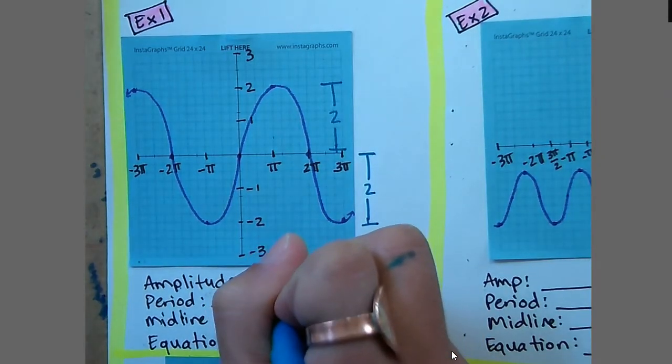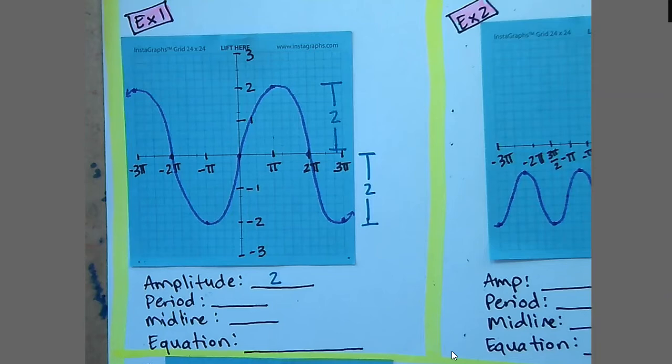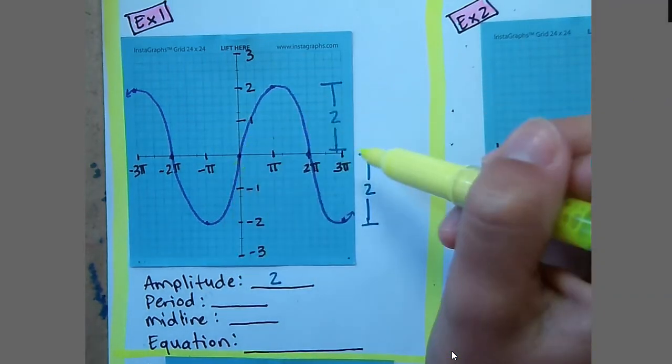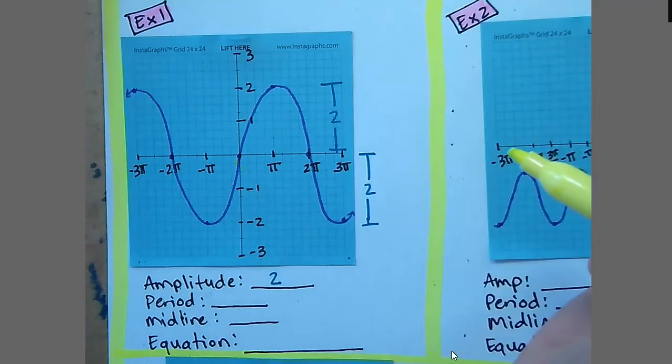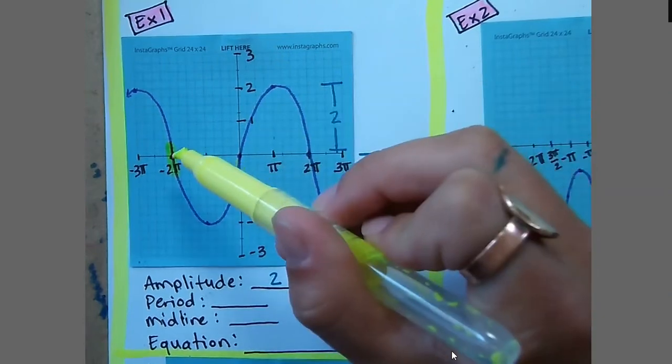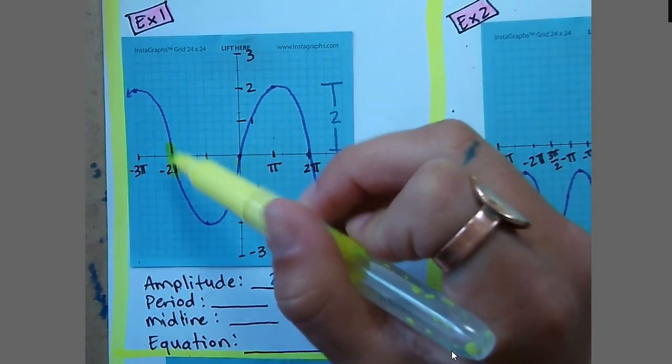This is 2. Okay, then the next thing that I want to see is how long does it take it to get from its original point back to its original point. So usually we start at the y-axis and then see when does it go back to that point, but that's going to happen somewhere that we can't see on our graph. So we can actually pick a different point, like let's say here, okay, and see how long it takes it to get back to this downward slope.